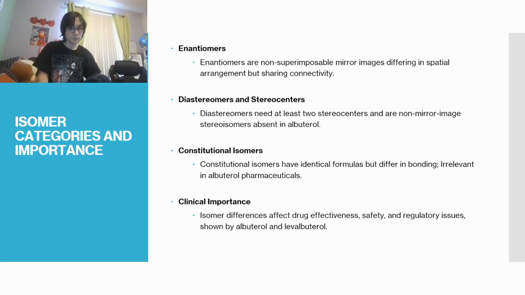So, isomer categories and importance. Albuterol has two enantiomers, but no diastereomers because it only has one stereocenter. Understanding isomerism is really important, which is why we have levalbuterol, which contains only the R enantiomer.